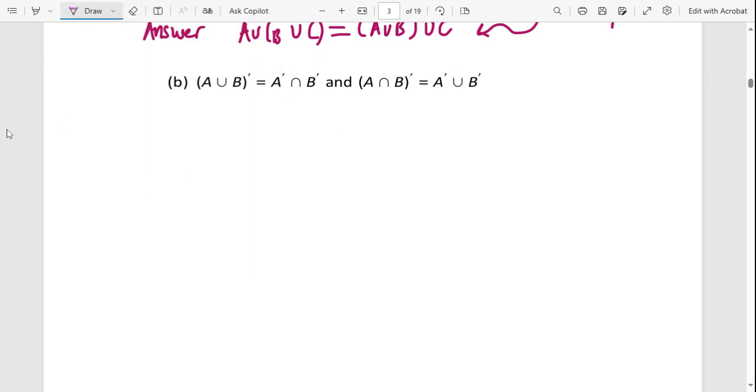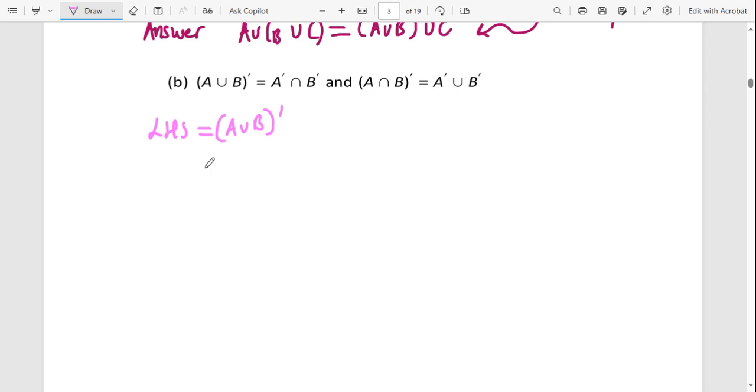Okay. So we are going to start with the left hand side, which is equal to A union B complement. So this is the De Morgan's law, which we want to verify.